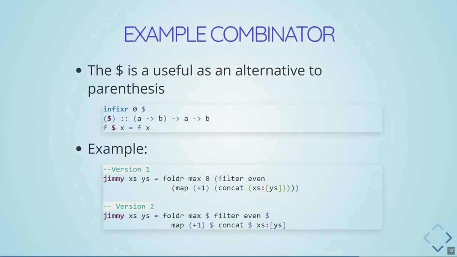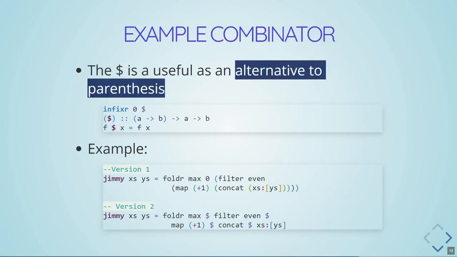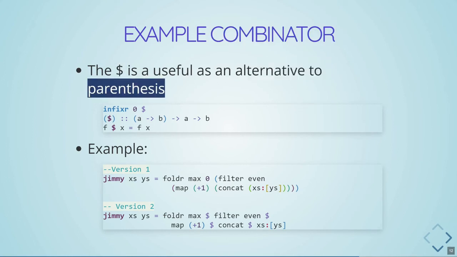So let's talk about another example combinator here. The $ sign combinator is a very useful alternative to parentheses. It's a bit of a weird definition. At first you're like, why would I ever define something like this? So it takes a function f and an argument x, and then just applies that function f to x.